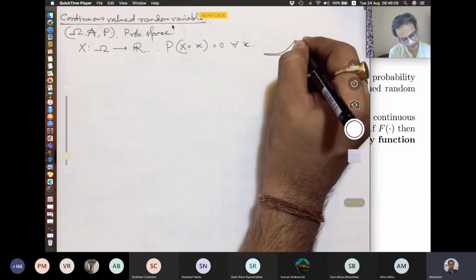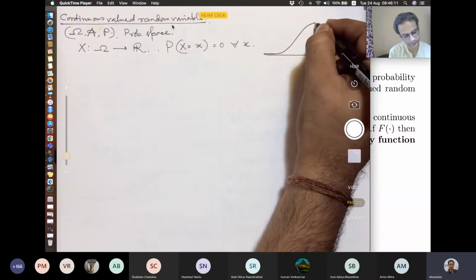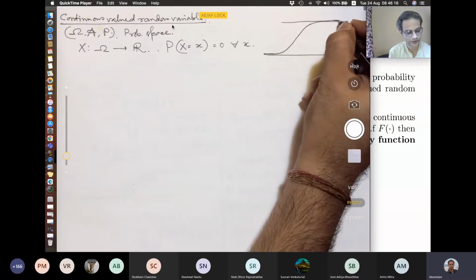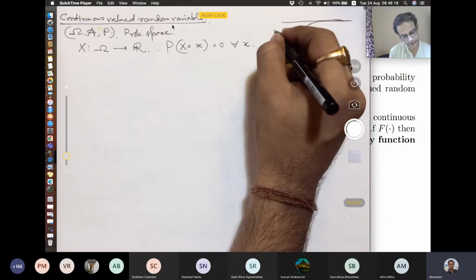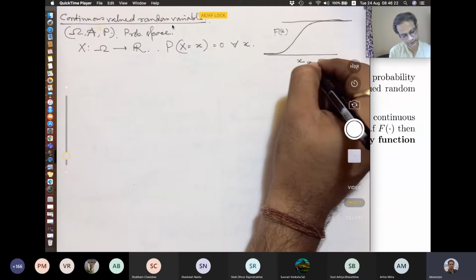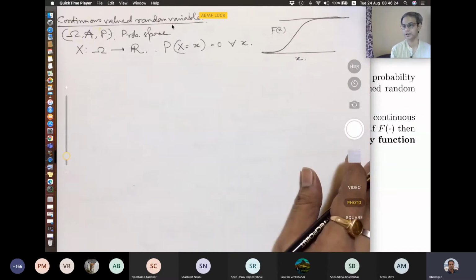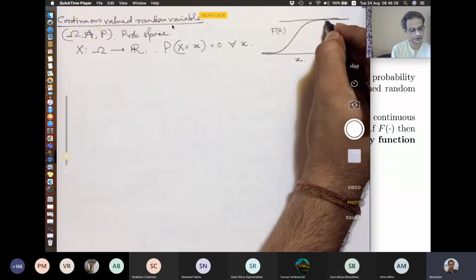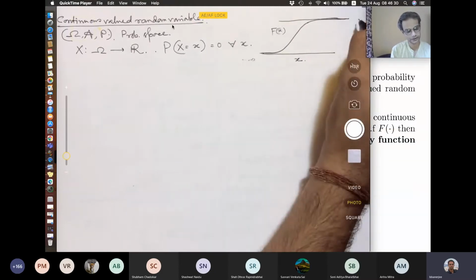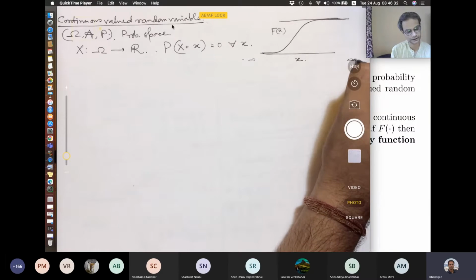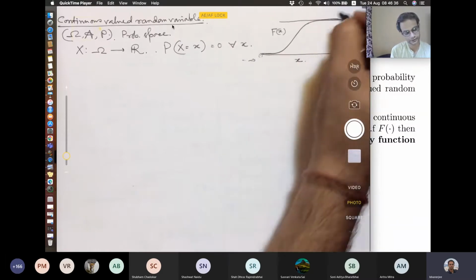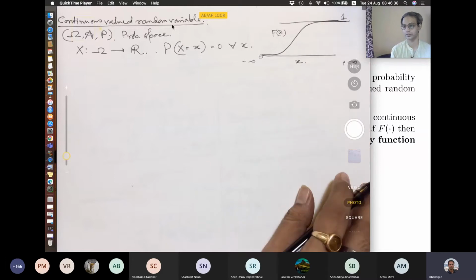Typically I am drawing, it can have many other forms. So this is F(x) and this is x. This is how the CDF will look. It will come from minus infinity and go to plus infinity, and here it will start from 0 and reach 1.